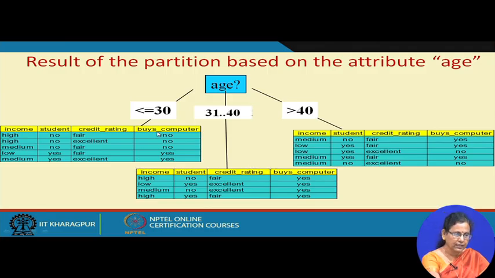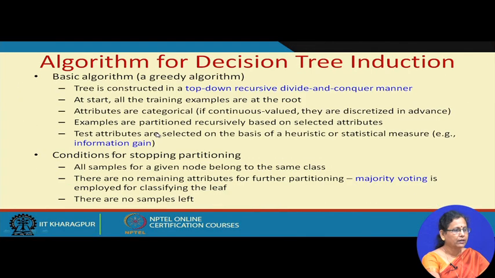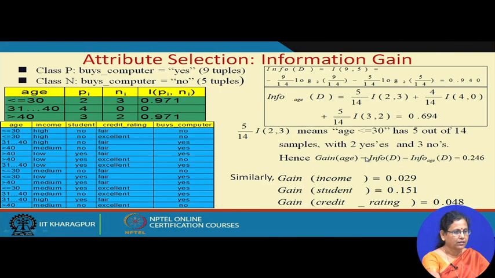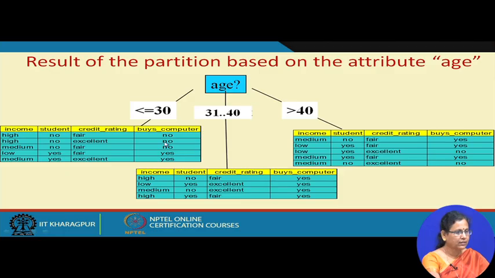If we continue this process, for this partition you get student as your next node and you partition. Here you do not have any other node, you directly reach the decision. Here you find the credit rating as the next and continue. For example, here you can further make 2 partitions.